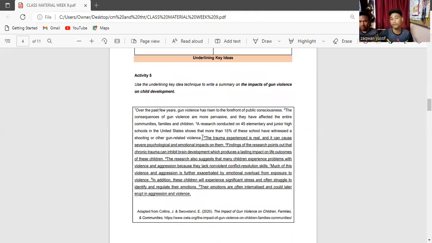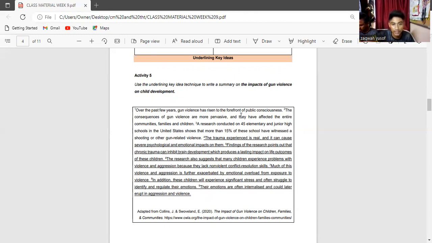Okay, activity 5. Use the underlining key idea technique to write a summary on the impact of gun violence on children's development. Okay, I read the sentences.